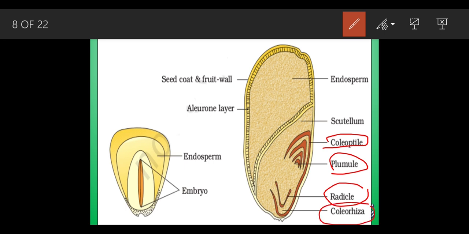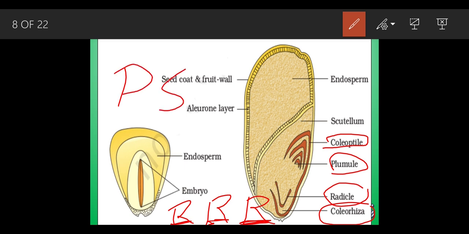So how do we remember this? Radicle gives rise to the root system, rhiza, triple R, and it is protected by the coleorhiza. Plumule gives rise to the shoot system, and it is protected by the coleoptile.